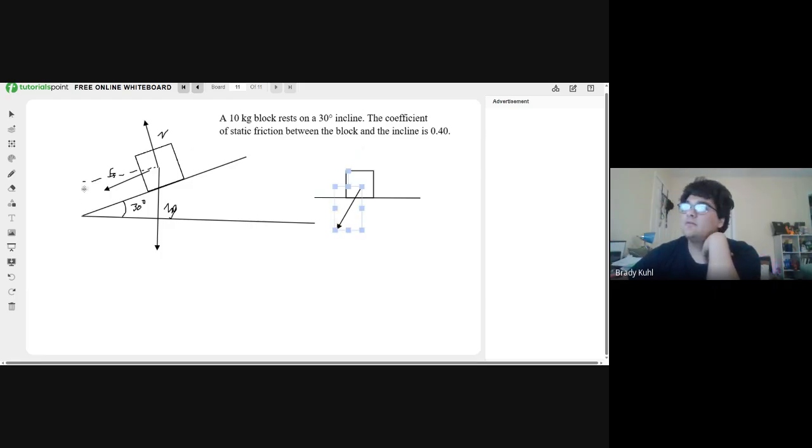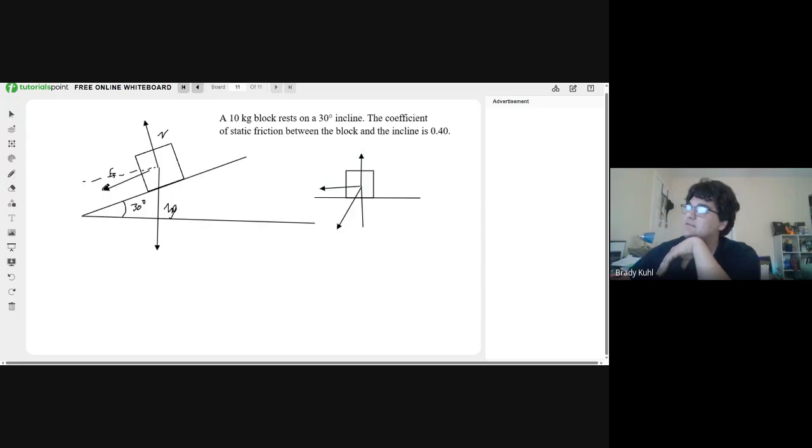mg, normal, and static friction. First step is to draw the free body diagram. Second step is to note that this angle will be 30 degrees because you rotated the coordinate system.